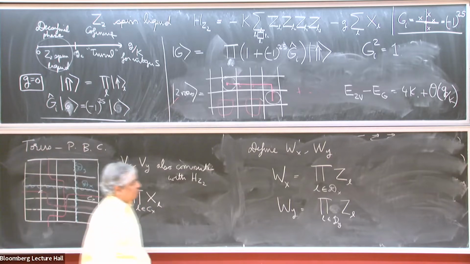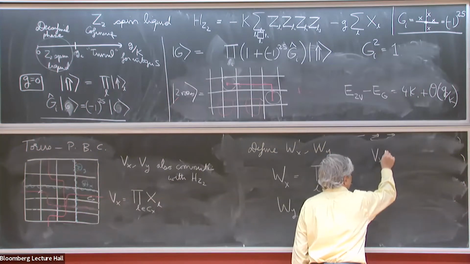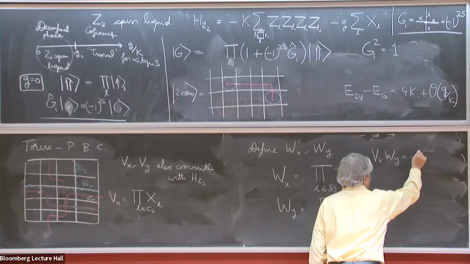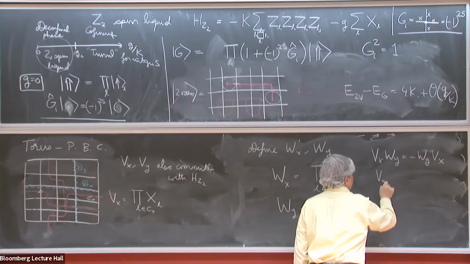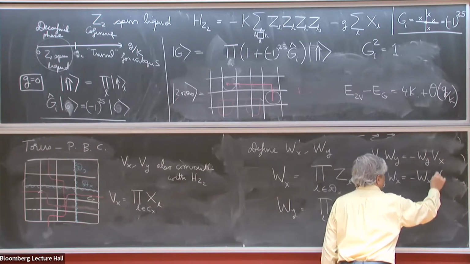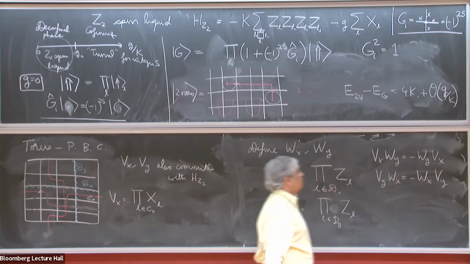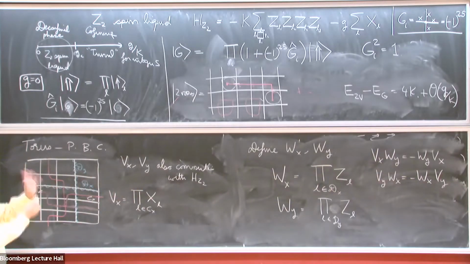So you can now check very easily that Vx Wy equals minus Wy Vx, and Vy Wx equals minus Wx Vy. So these anti-commute with each other, and all other operators commute.